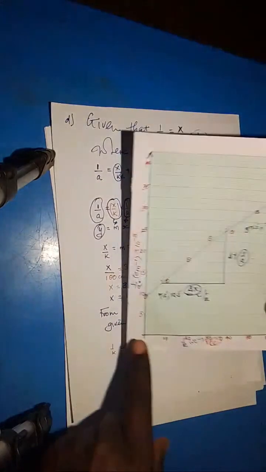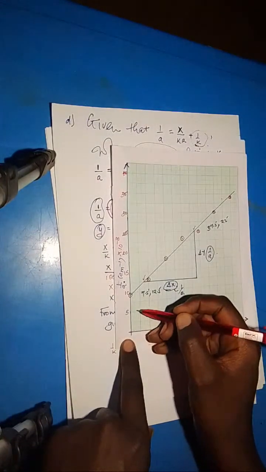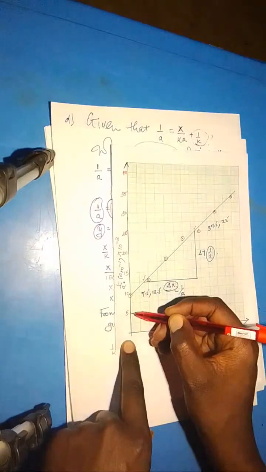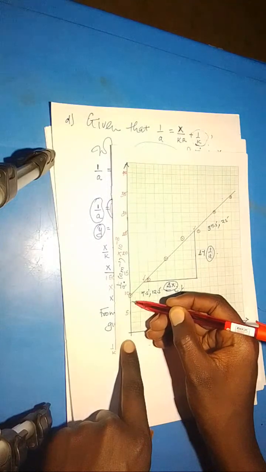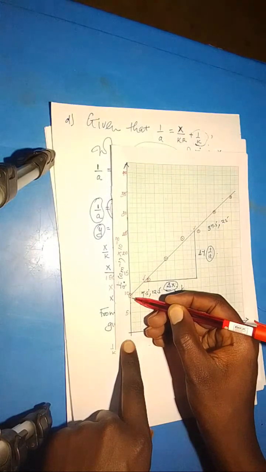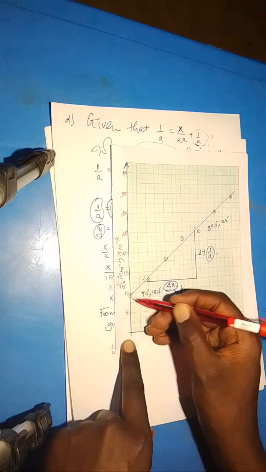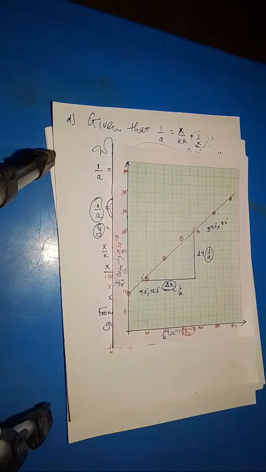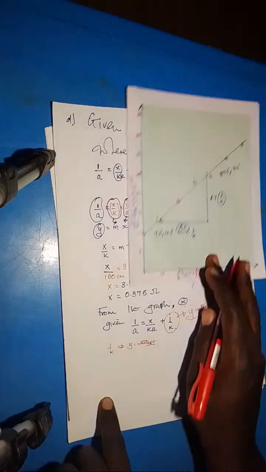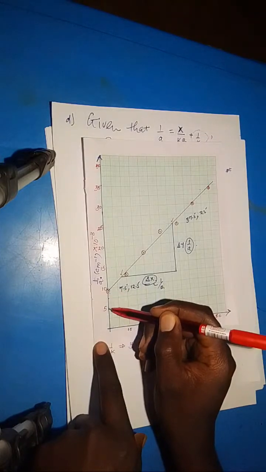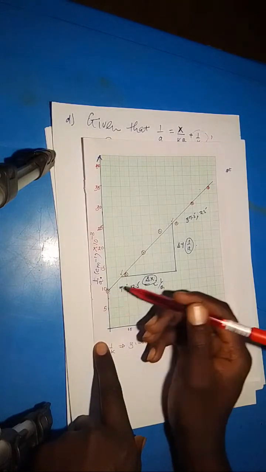So if I clearly read these points, I will see that these are already 10 boxes, 5 boxes, 10, 15, 16, 17. So I'll say 17 times 0.25, so it is 5 plus 4.25.